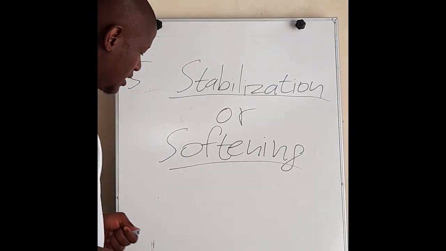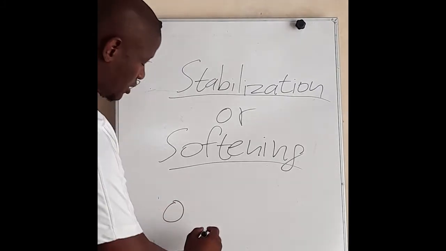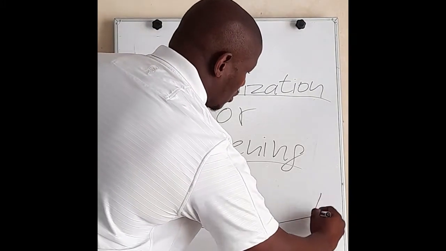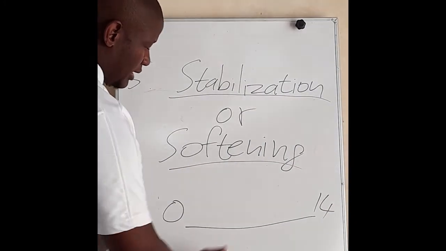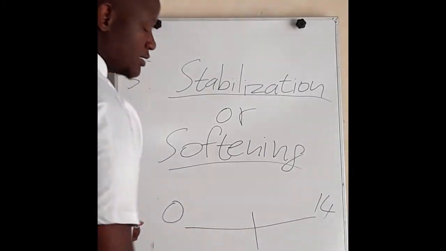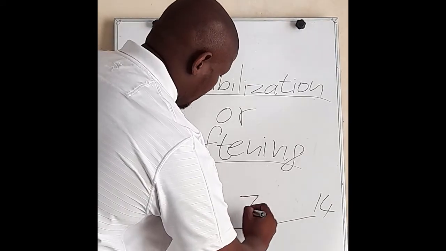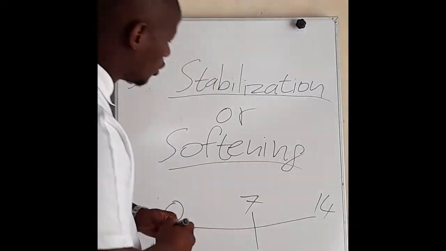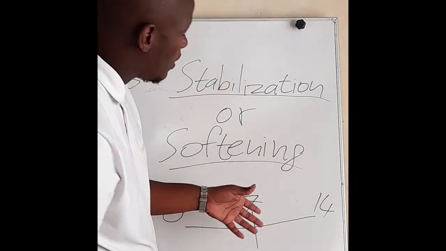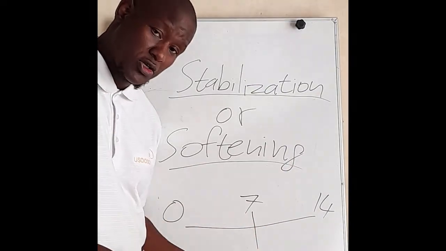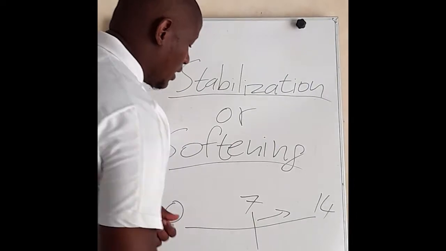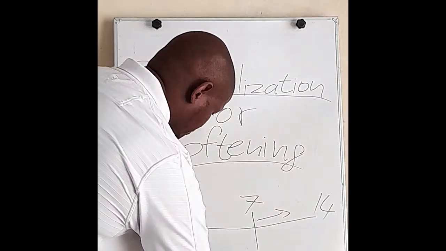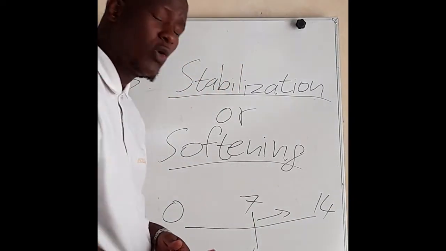Bearing in mind, our pH ranges between 0 and 14: 0 is too acidic, 14 is too alkaline, and 7 is neutral.